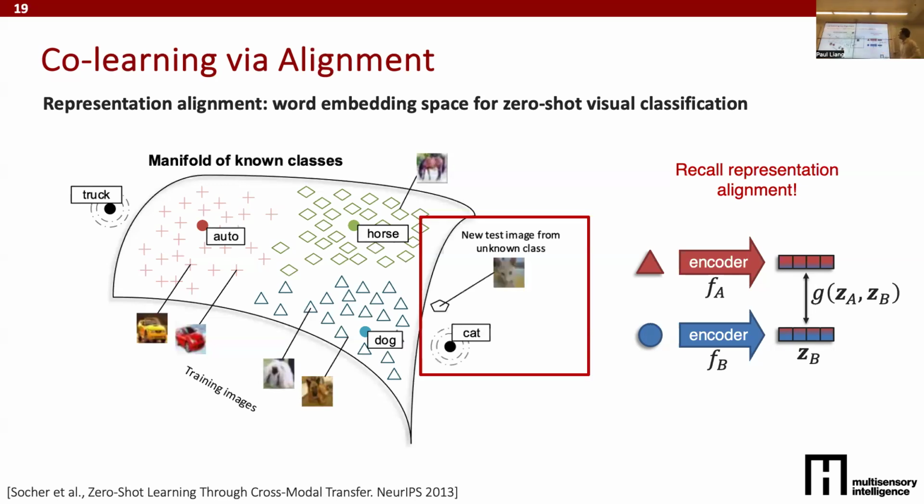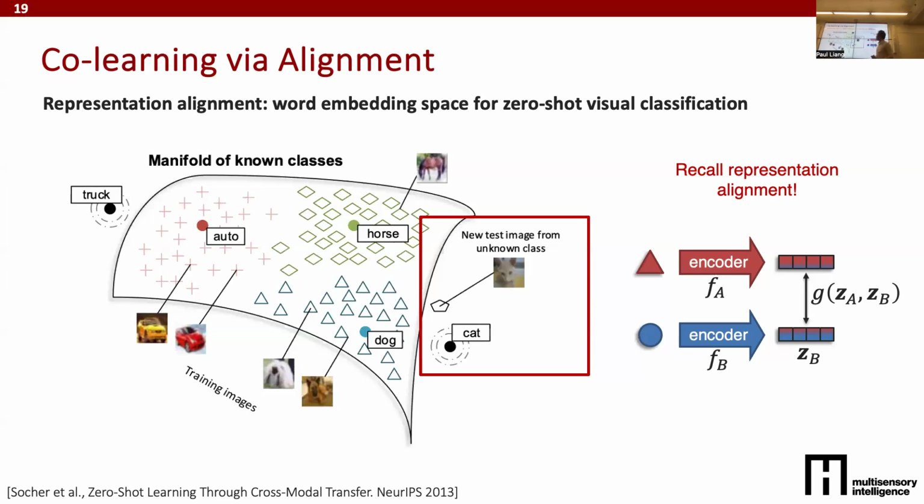And during testing, let's say you have this new image, this very low resolution image of a cat that comes in. Normally if you try to do image classification and you've never seen a cat before, you just will not be able to predict it, right? You don't have that dimension in the softmax that predicts cat. So you will never predict cat.